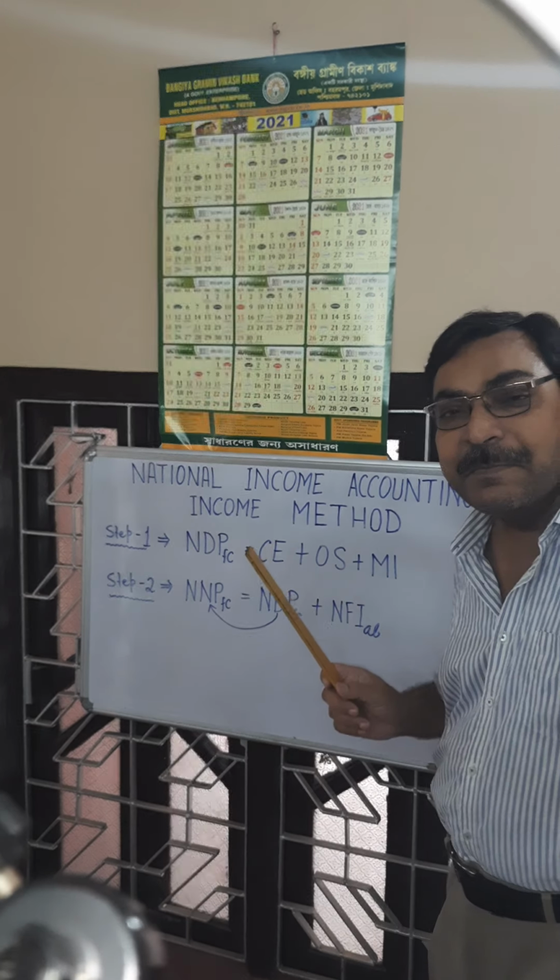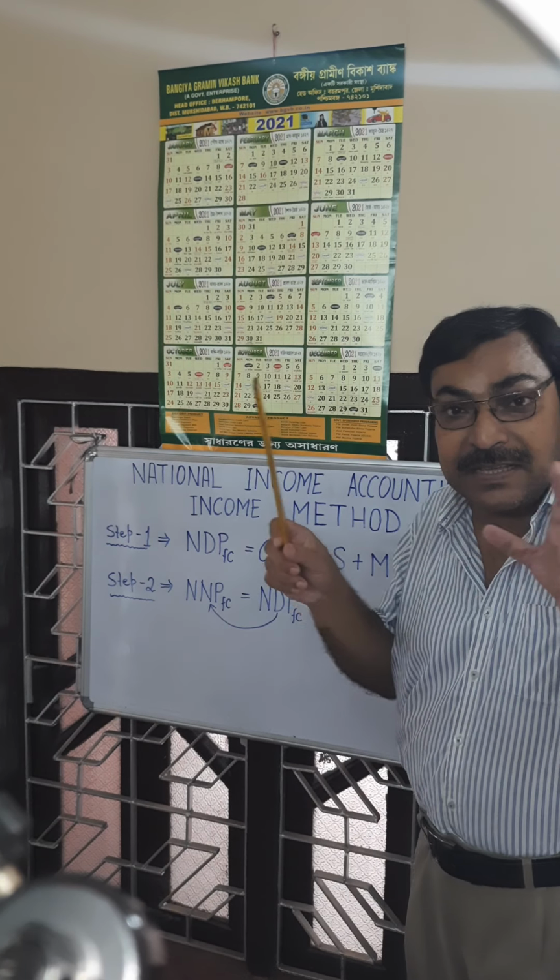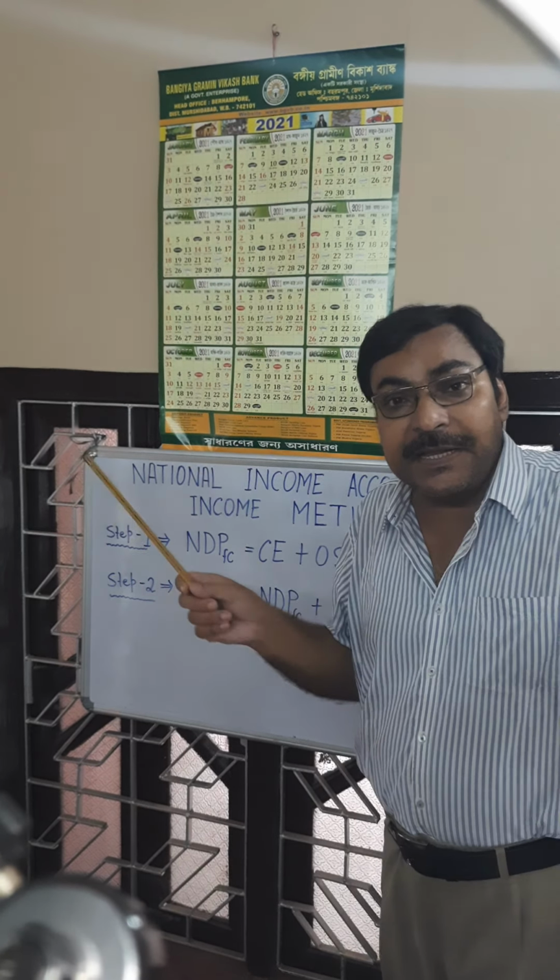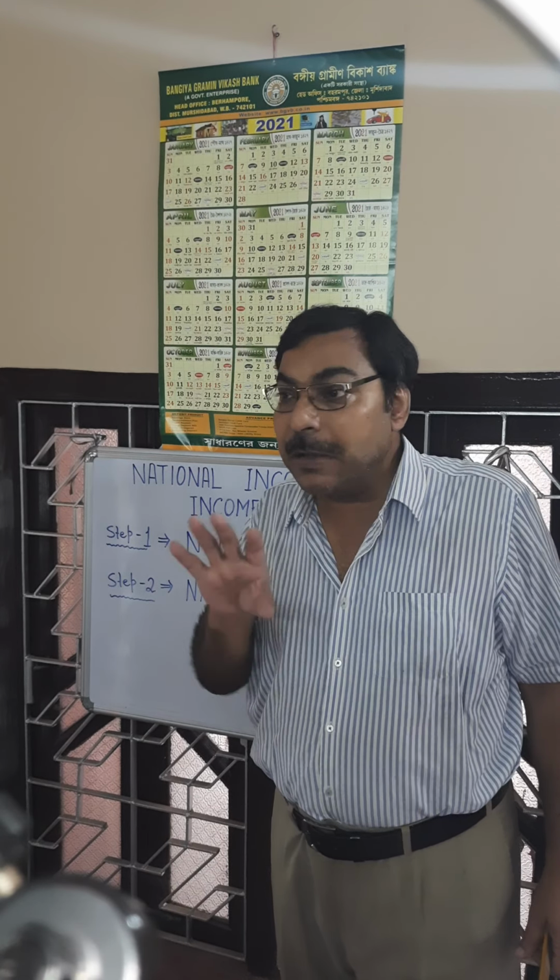And number three, mixed income. These are the three categories of income generating in every sector. You have to consider what is CE, that is compensation of employees, in primary sector, in secondary sector, in tertiary sector. You have to consider what is operating surplus generated in primary sector, in secondary sector, in tertiary sector, and what is mixed income in all these three sectors. So you have to consider all these things.